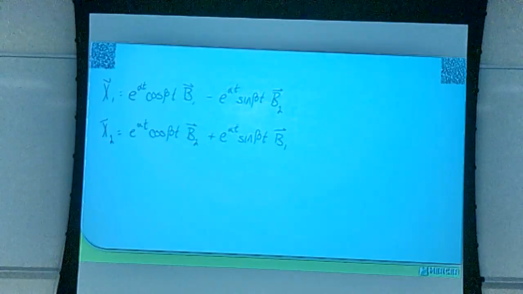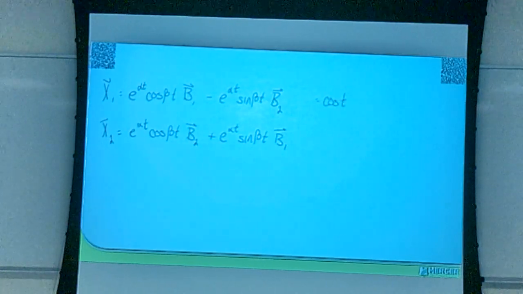All right, well, in this case, our alpha is 0, our beta is 1, right? B1 was what? 0, 1?